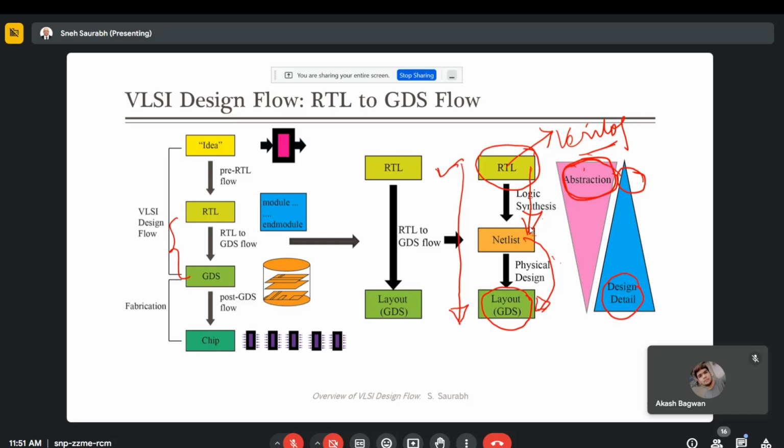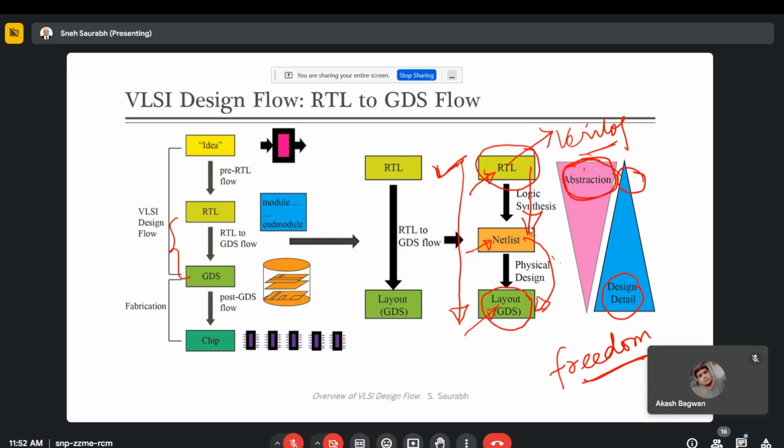So why is the design flow designed in this way, or why do we follow this way of abstraction? The reason is that when we are at the top level design, we have less detail and therefore we have more freedom, right? Freedom meaning that we can make many changes in our design in the RTL. As the design matures, it goes to netlist and to layout, making changes into the design becomes more and more difficult, right?